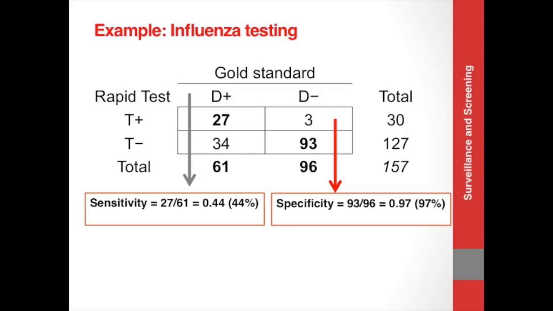There were 96 children who did not have influenza, and the rapid test was negative in 93 of them. So with these numbers, we can calculate sensitivity and specificity, and we can see that in this particular case, the sensitivity was 44% and specificity was 97%. Better specificity than sensitivity.